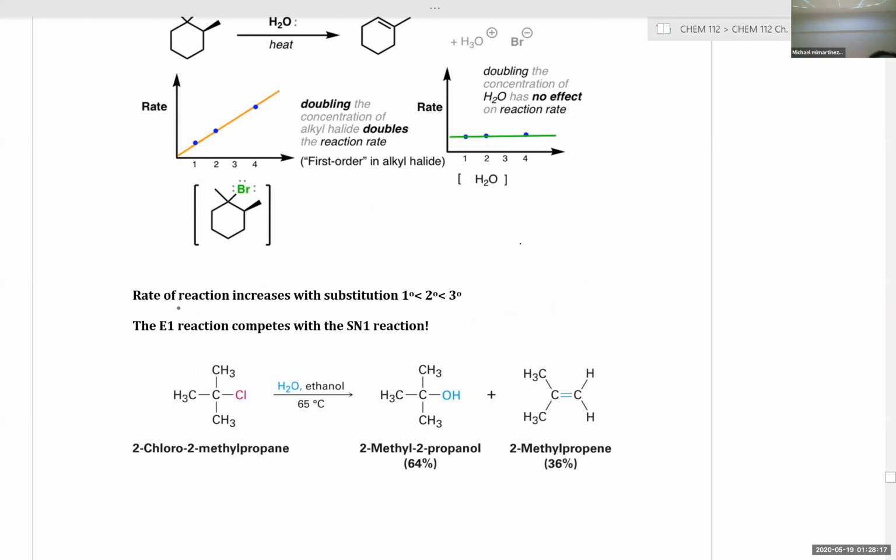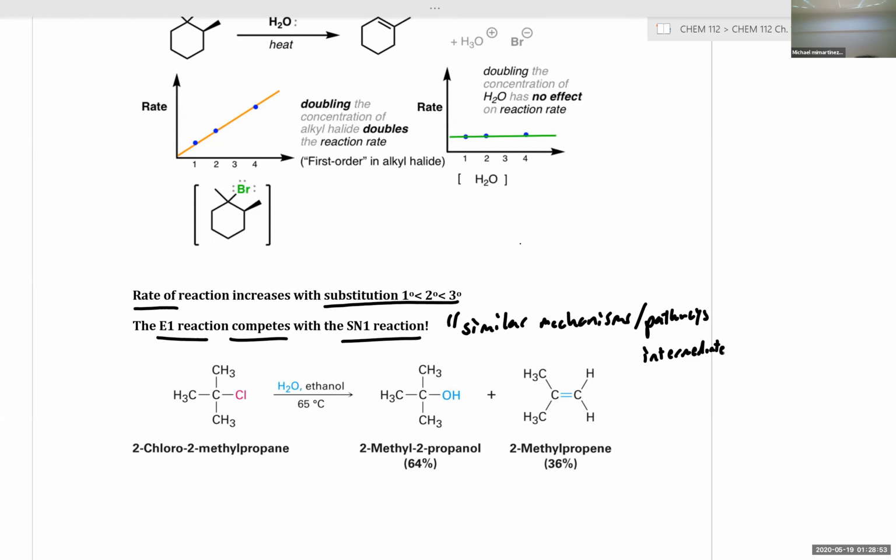The rate of reaction increases with substitution, and this is where you begin to realize that the SN1 reaction, although it has some merits in some preparations, it's not commonly used for synthetic preparations because the E1 reaction competes with the SN1 reaction. They follow similar mechanisms and pathways and intermediates.